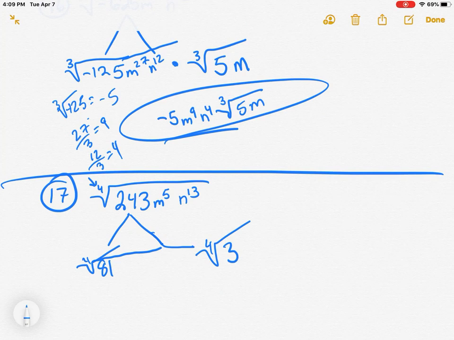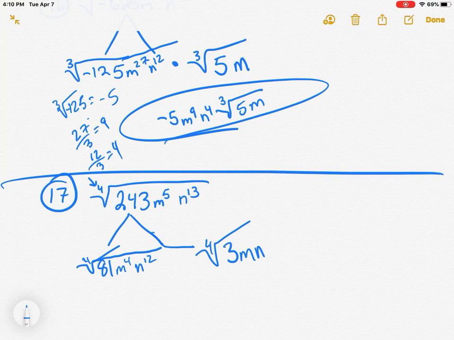Just 1. I can take one of them away, put it right here, and that leaves me with m to the 4th. Now, how many do I have to take away from 13 to make 13 a multiple of 4? Well, I know, and you know, that 12 is a multiple of 4, so all I have to do is take out one n. Put that right there. I have n to the 12th.